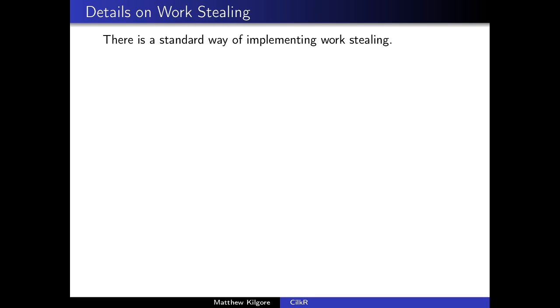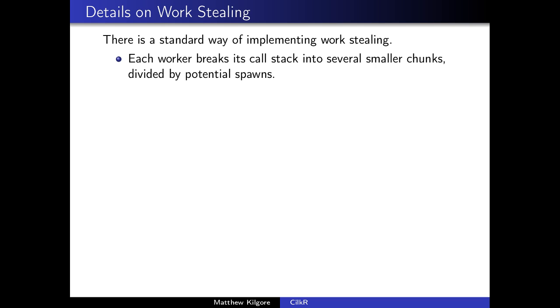Now, the details on work stealing are thankfully a lot more standardized. There's a pretty standard implementation, which you've all seen before. Each worker breaks its call stack into several smaller chunks, divided by potential spawns. These are grouped into stacklets, with the divisions being actual spawns.